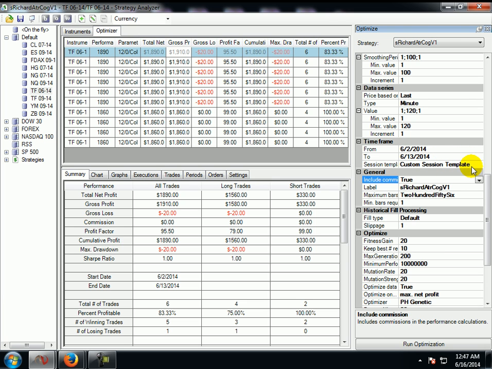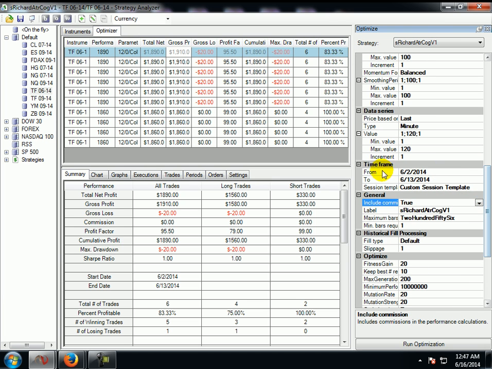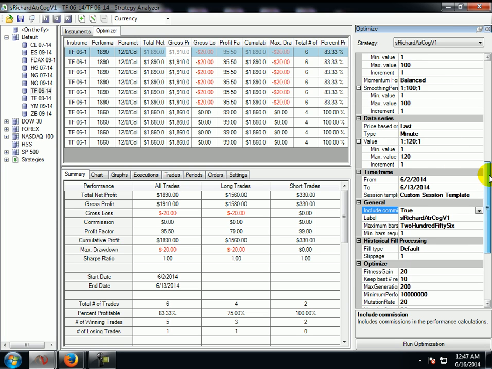We've got our custom session template here. I've gone for the previous 2 weeks here on the time frame. I've set the minute at 2 hours or 120 minutes.